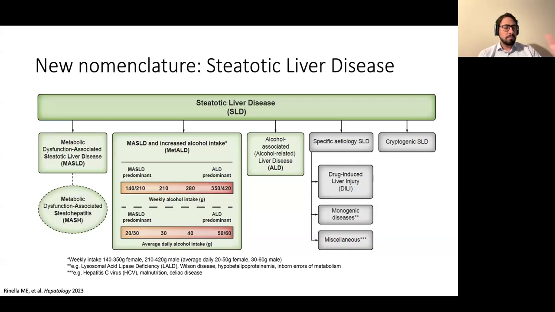And probably you're also aware of the 2023 criteria, where steatotic liver disease was redefined in 3 major subtypes: MASLD, MetALD, and ALD. And other specific steatotic liver disease groups, including drug-induced liver injury.